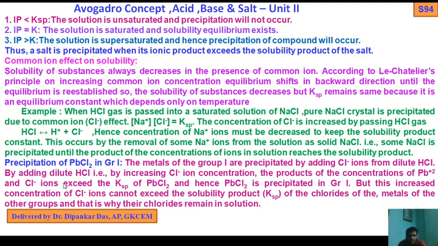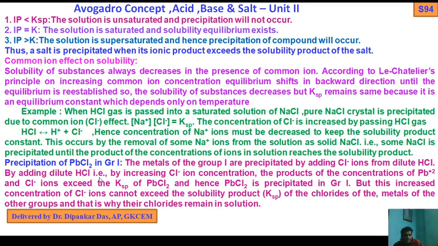But this increased concentration of Cl- ions cannot exceed the solubility product Ksp of the chlorides of the metals of the other groups, and that's why their chlorides remain in solution.